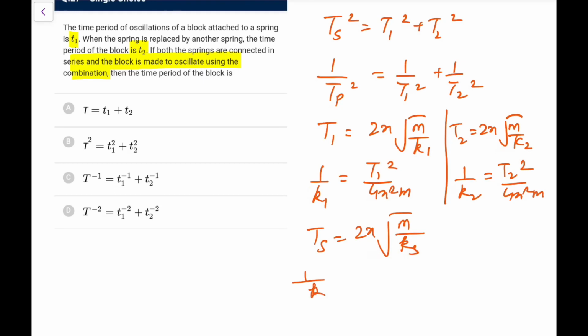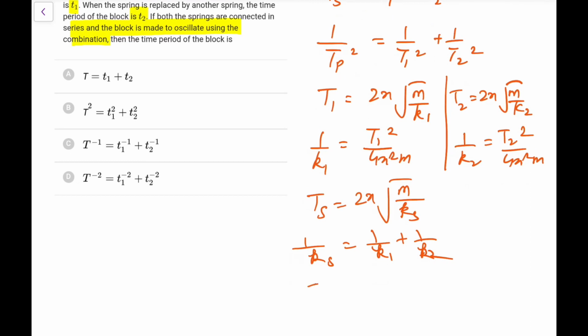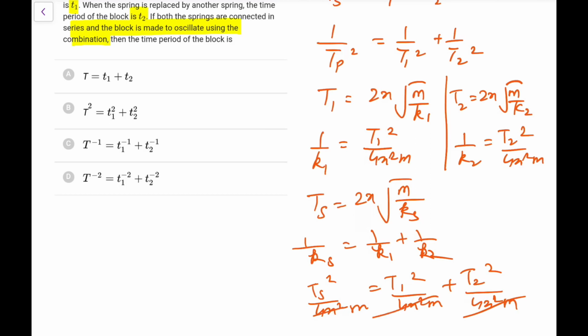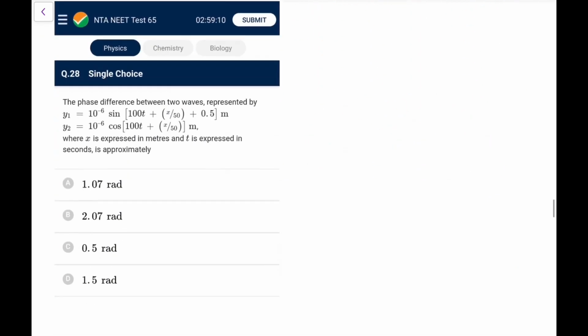And we know 1 upon K series is 1 upon K1 plus 1 upon K2. So going by the logic of the two, this 1 upon Ks can be written as Ts square upon 4 pi square m. This would be T1 square upon 4 pi square m, this is T2 square upon 4 pi square m. So these denominators get cancelled. Ts square is T1 square plus T2 square. Go for option B. Next one.